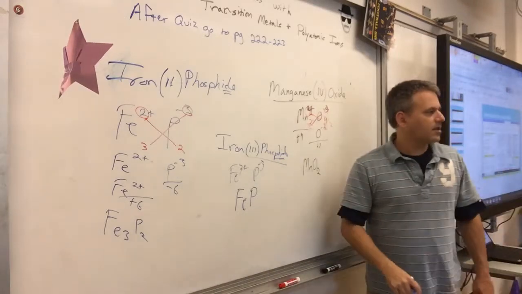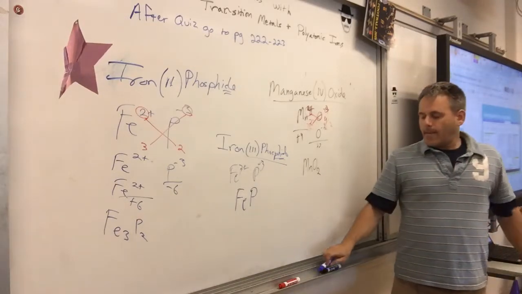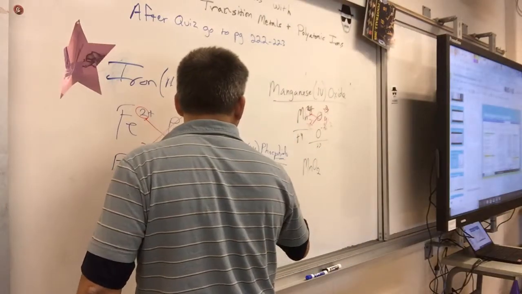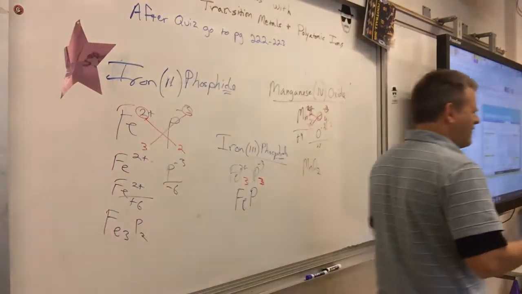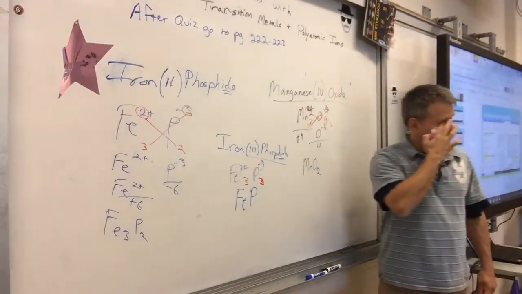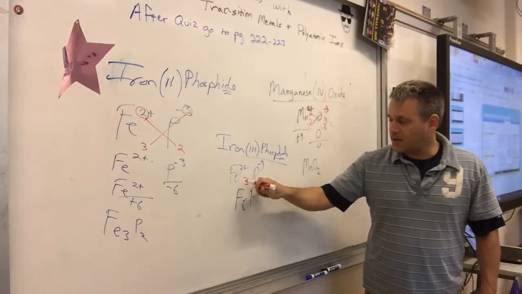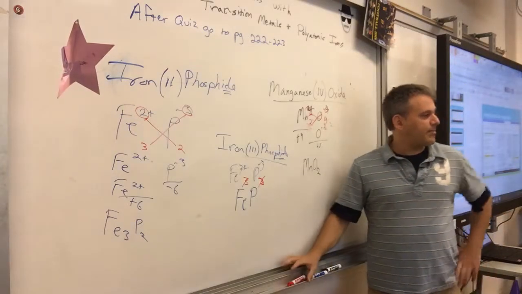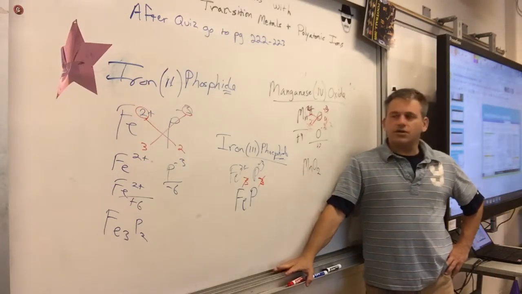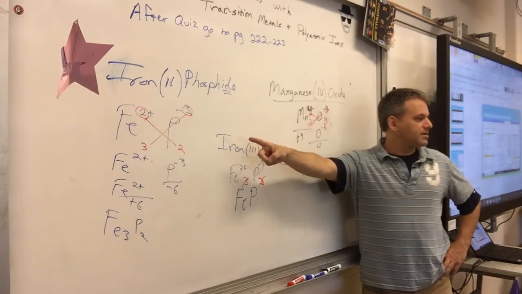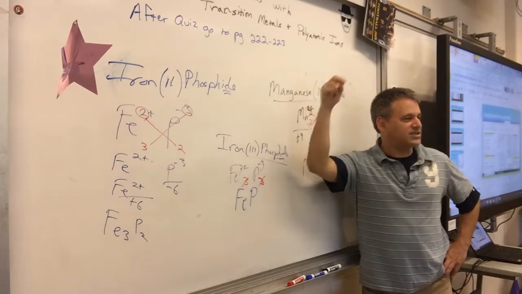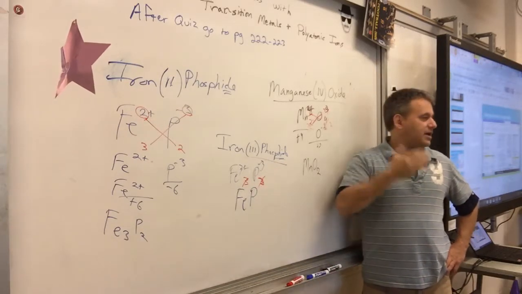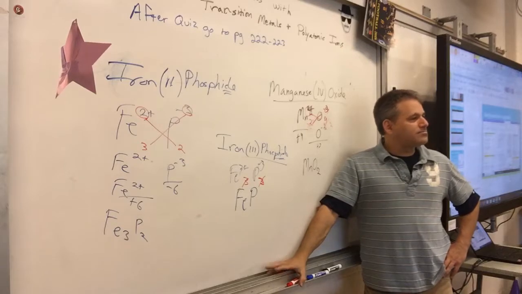But if you crisscross these numbers and put a 3 here and a 3 here, is that the formula? Fe3P3? No. I need to simplify with the common denominator, cross those out, make ones. So you gotta remember to do that if you're gonna do the cheat code. The crisscross cheat code is fast, but you gotta check your answer. The long way is accurate, it's just slower.